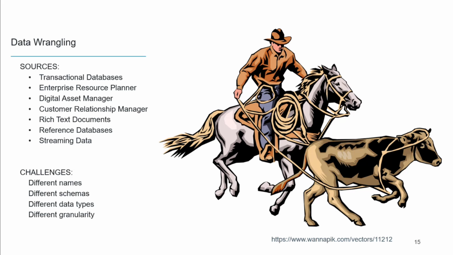Another very common challenge is having different data types. So let's say you have a Boolean data type, true or false. Let's say, in one database, you may have that represented by a 0 or a 1, just a bit type, and if it's 1, it's true. If it's 0, it's false.